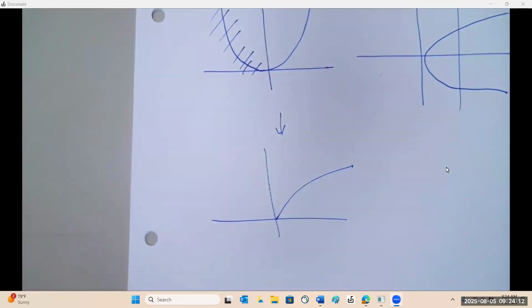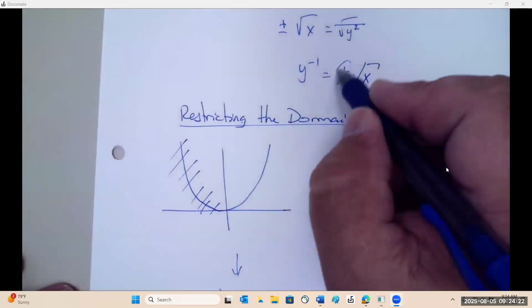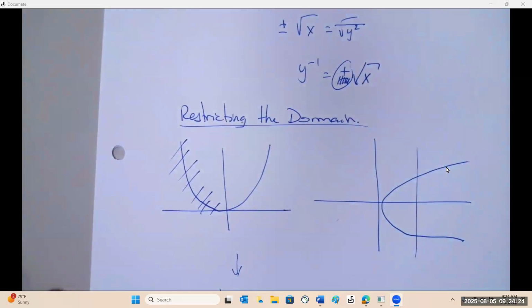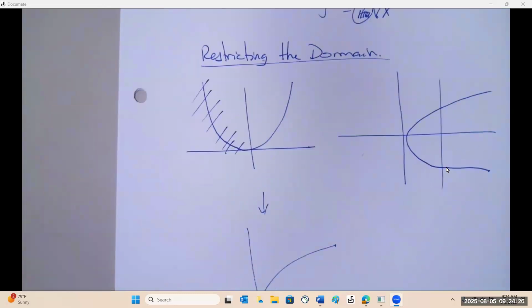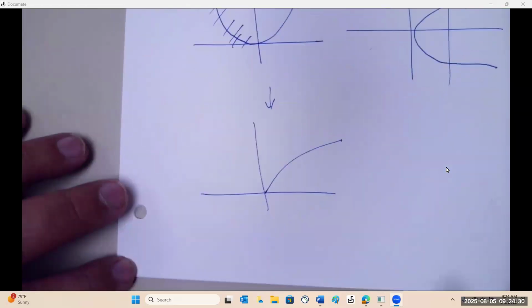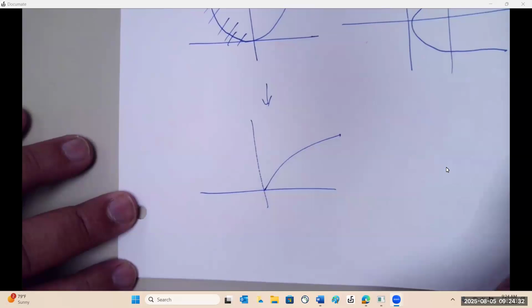It's an inverse. So if you have a function and one of them is one-to-one and the other one isn't because of some algebraic manipulation, we can restrict the domain. We talked about all those already.